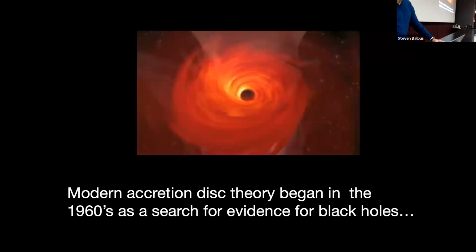So the astrophysical setting for this is motivated by accretion disks. And back in the 60s and 70s, when the idea of black holes was still controversial, the only way to study them was to look at what happens to gas when it's in the vicinity of a black hole.